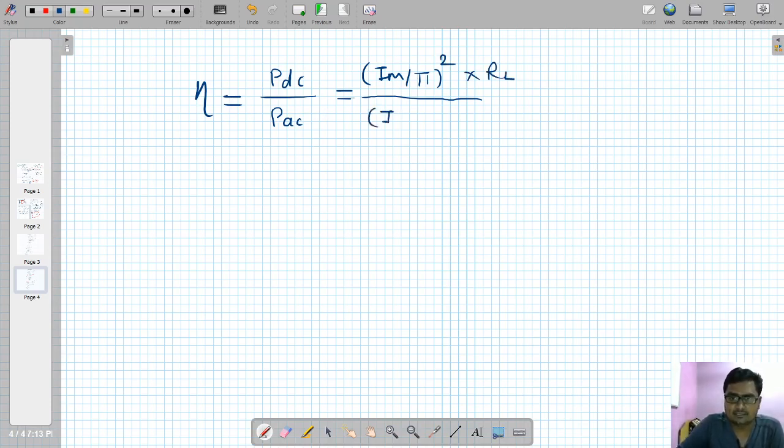We have written it as (Im by 2) square multiplied by RL. This is what we have represented PDC and PAC in the form of current and resistance.